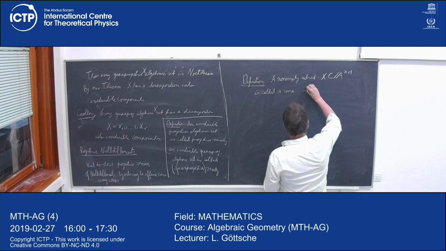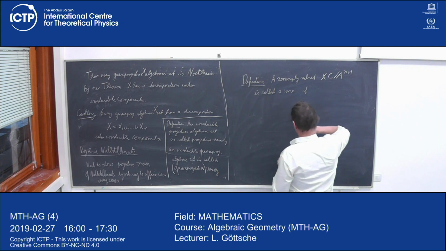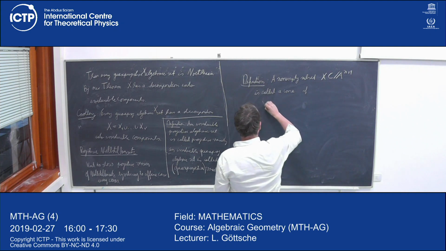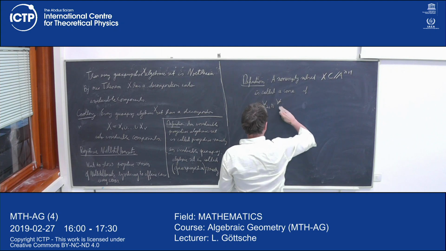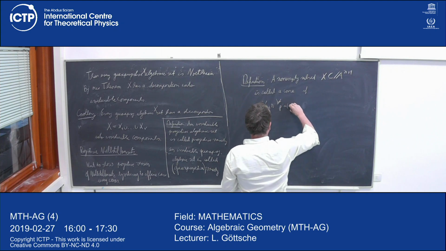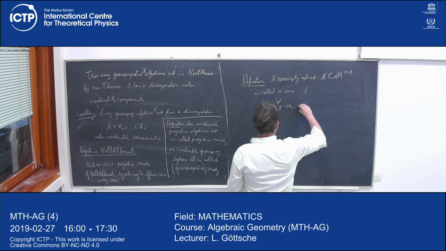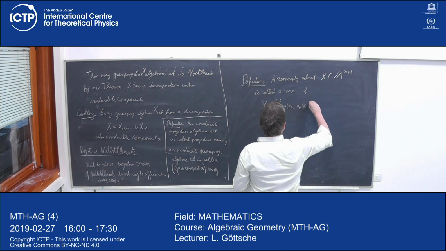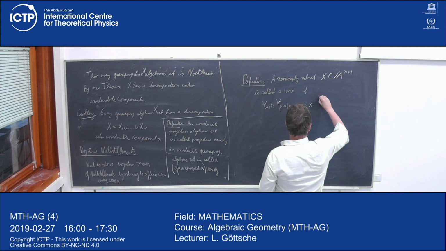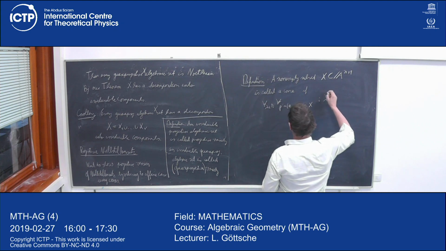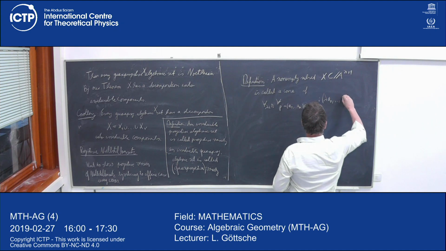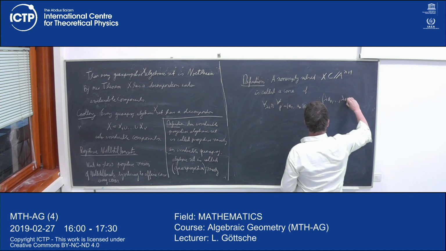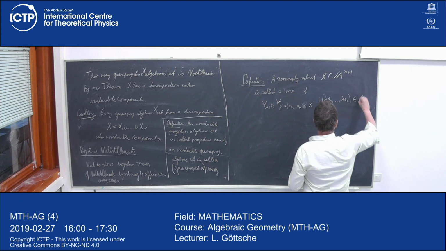You can say it like this: for all lambda in k and all p equal to (a0, ..., an) in X, we also have that lambda times the point, so (lambda a0, ..., lambda an), is an element in X.